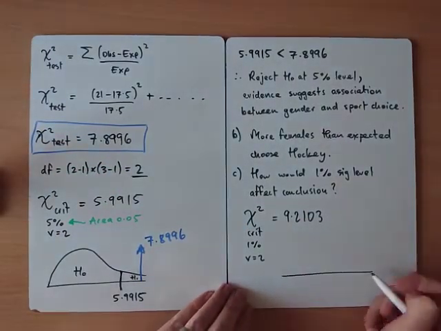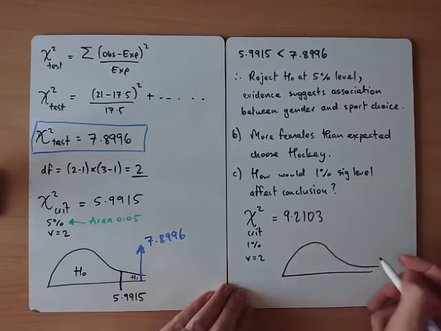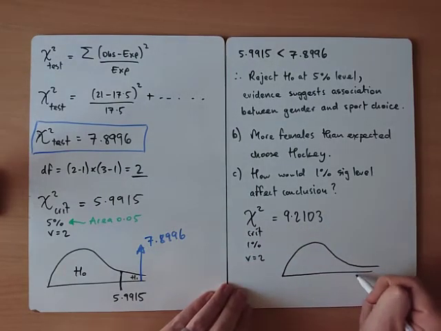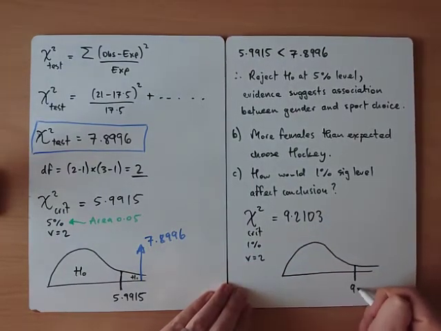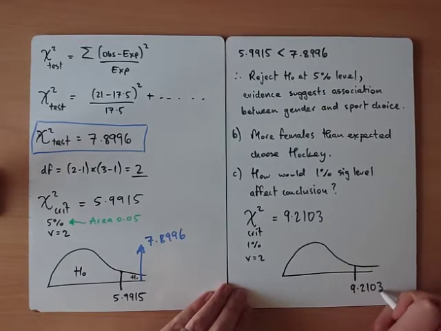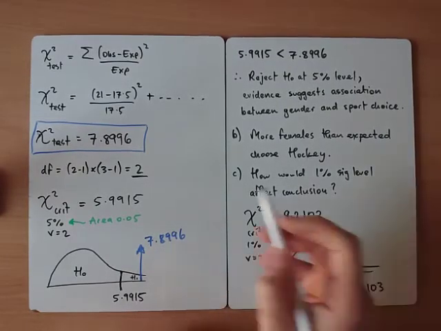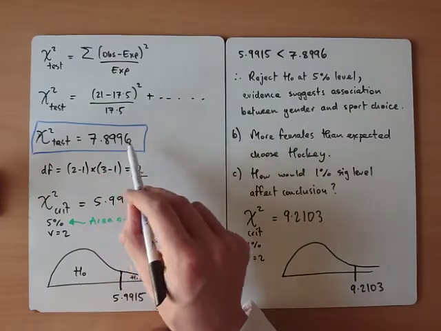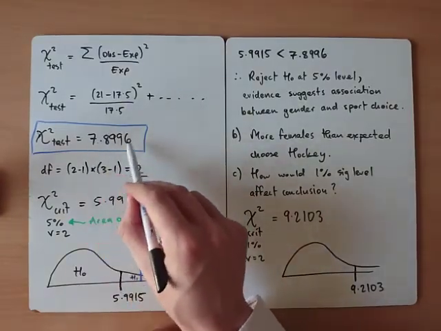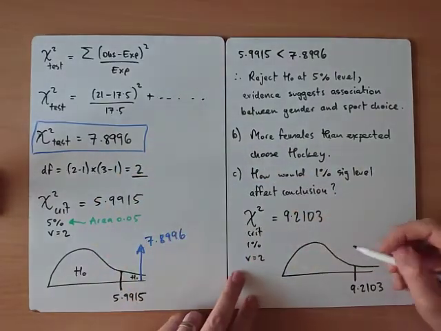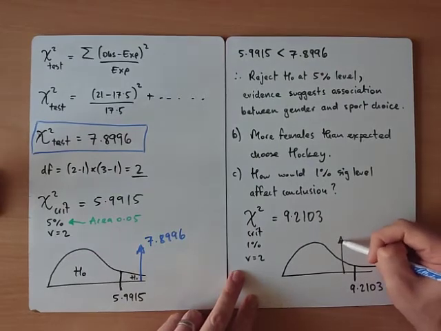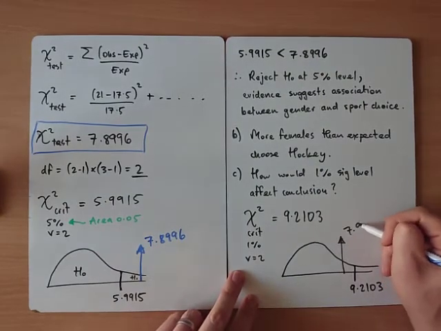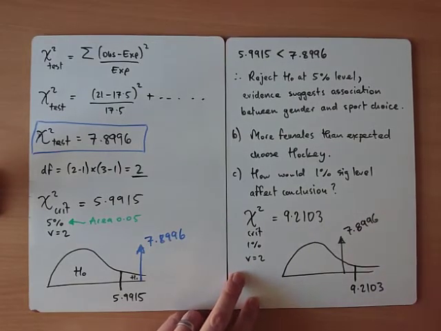So look at how this would affect things. The critical value is 9.2103. The test stat that we got from our data, remember that tells you the difference between your observed and expected, was 7.8996.